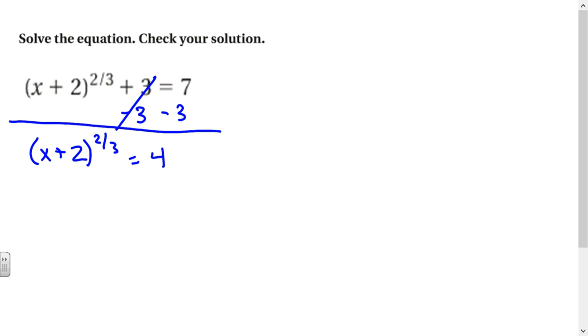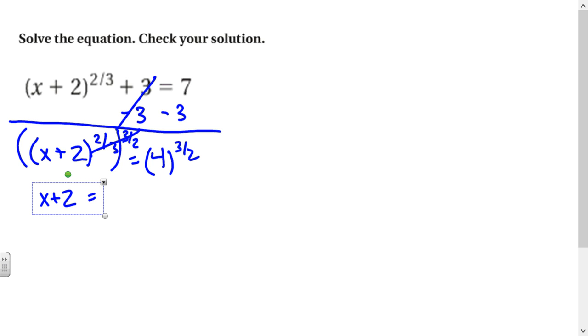And so then we can cancel out the 2/3 power. So you can rewrite this in radical form, or you could just raise both sides to the reciprocal power, which would be 3/2. So these cancel out, and we get x plus 2.